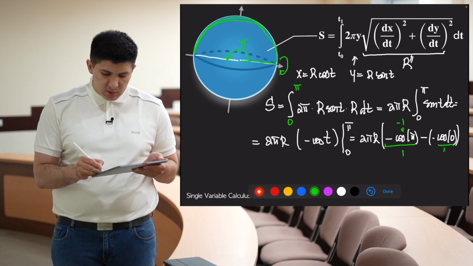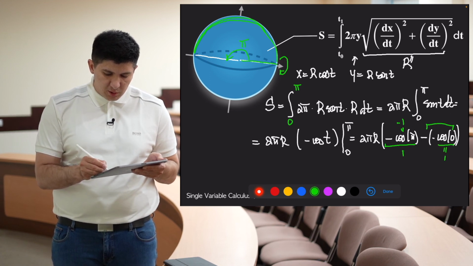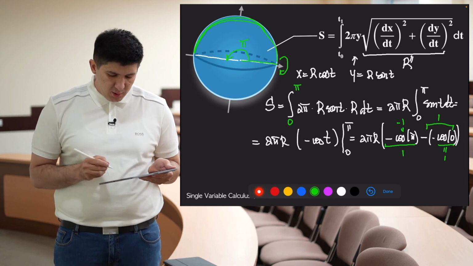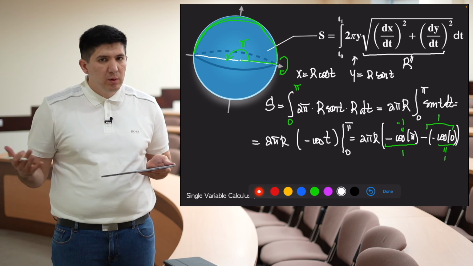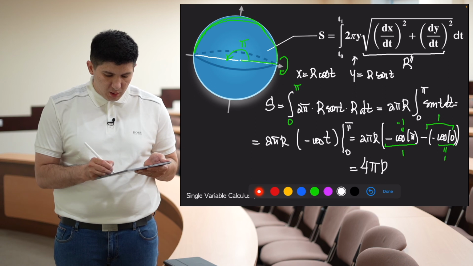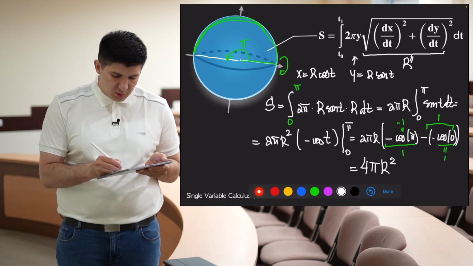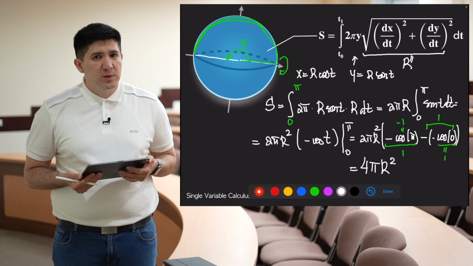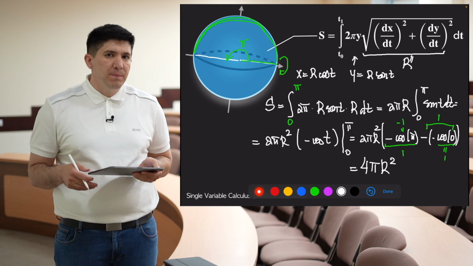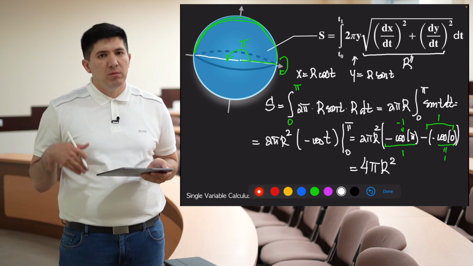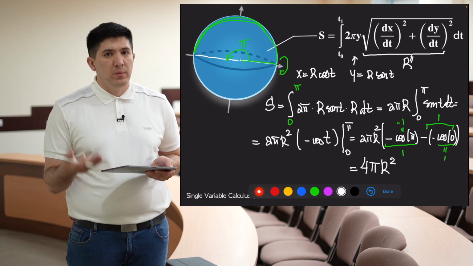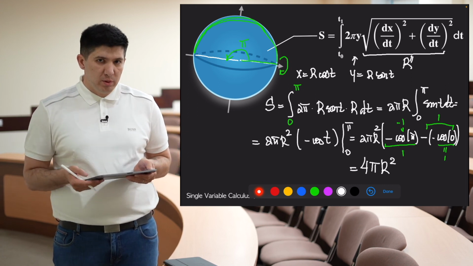Cosine of 0 is equal to 1, so in total this term is also going to be equal to 1, with the minus in front of cosine of 0, right? So that's why it's going to be simply 1 plus 1, which is 2, so at the end you're going to have simply 4 pi r squared. This is the formula which we knew from school, right? And we can easily get the surface area of the object, which is obtained by revolution of some curve around some axis or line using the calculus over the parametric curves.